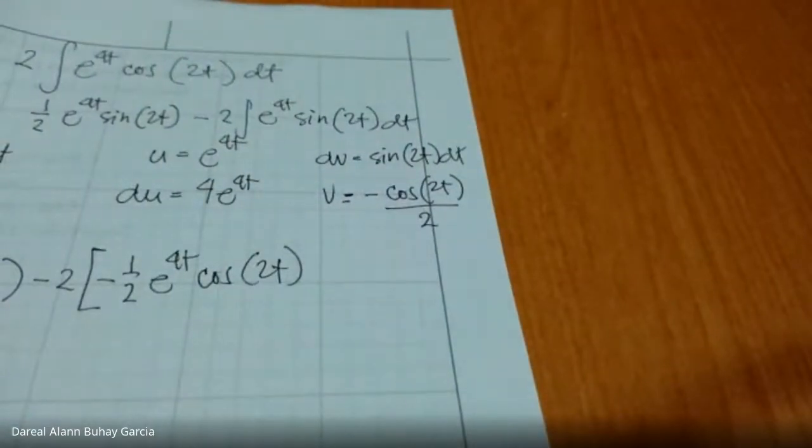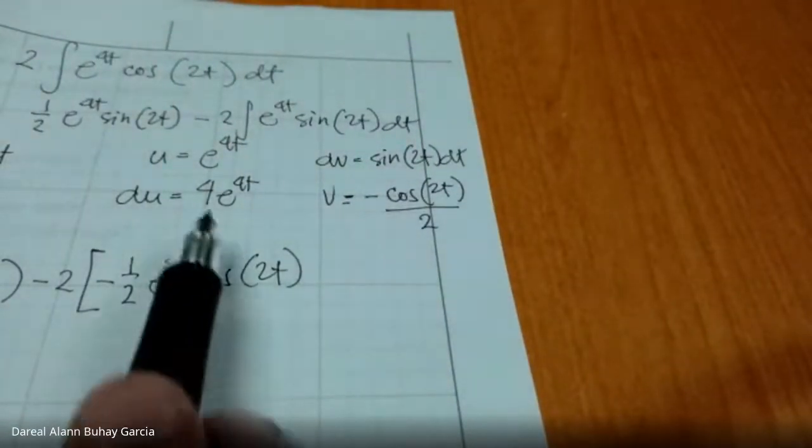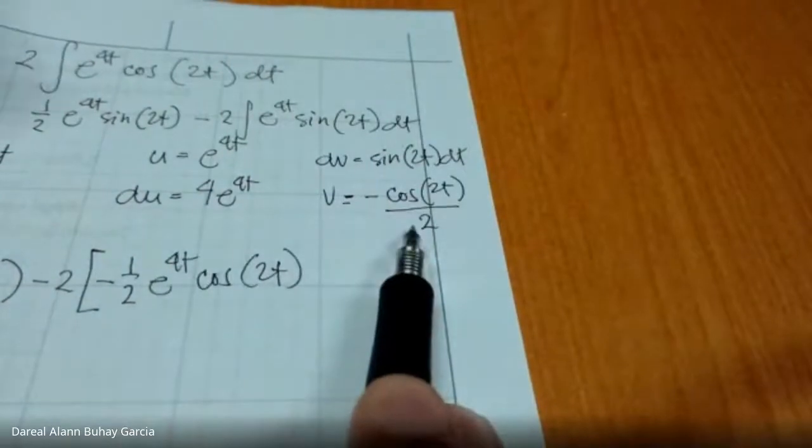Four divided by 2 minus 2, minus 2 e^40 cosine 2t dt.